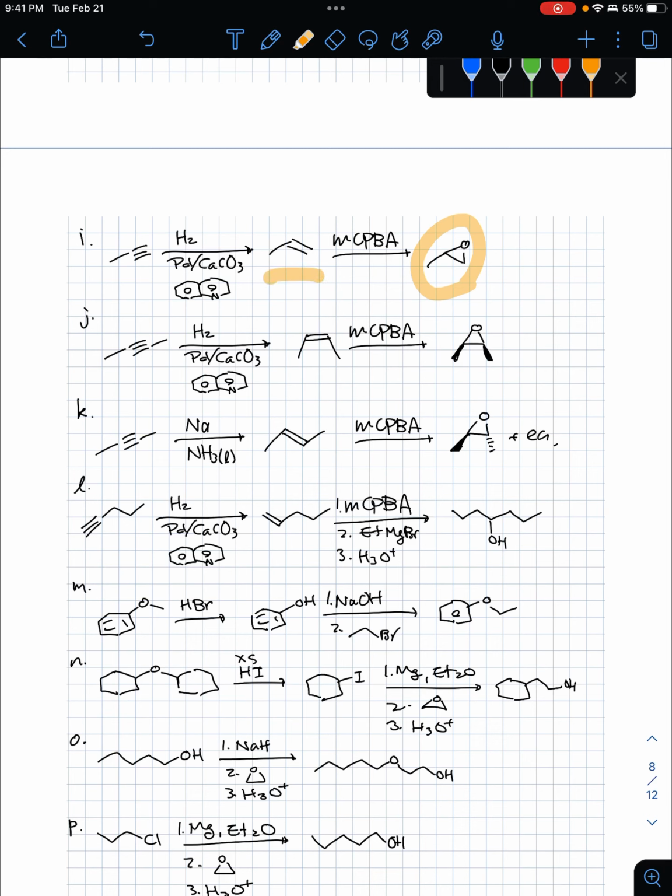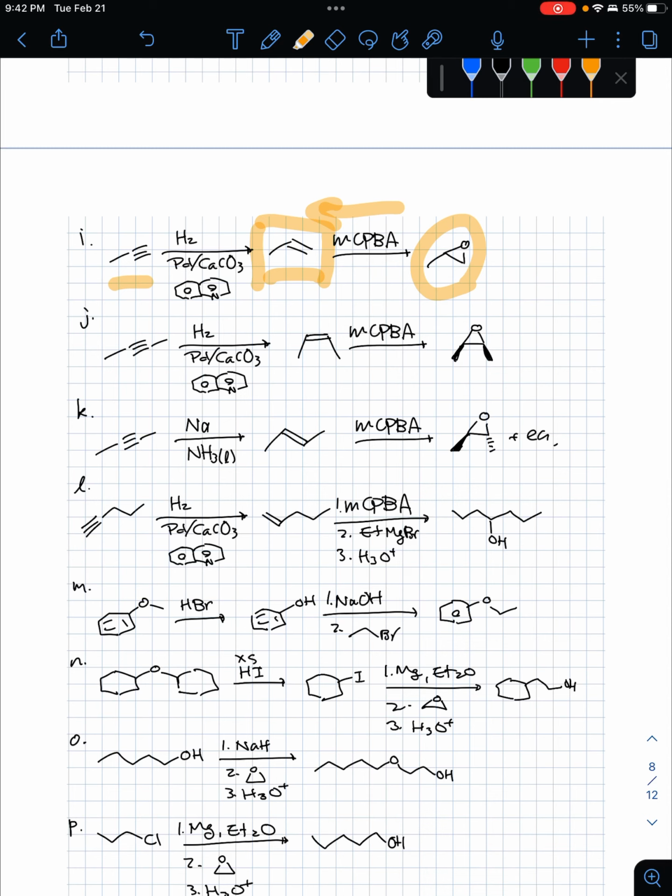So I propose to have an alkene. Remember, in a synthesis problem, you want to think backwards from the product, right? The target. The first thing I'm thinking about is this alkene, and then that can be produced by hydrogenation of the alkyne from here. Okay?